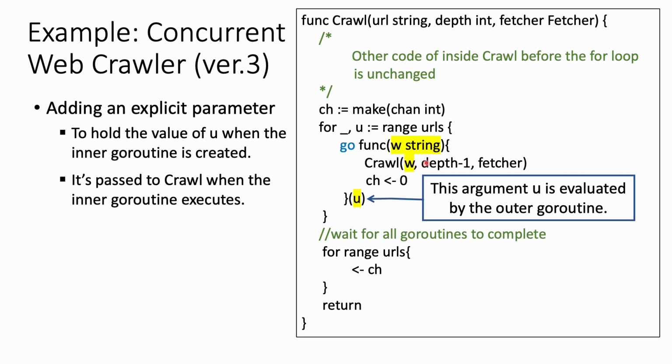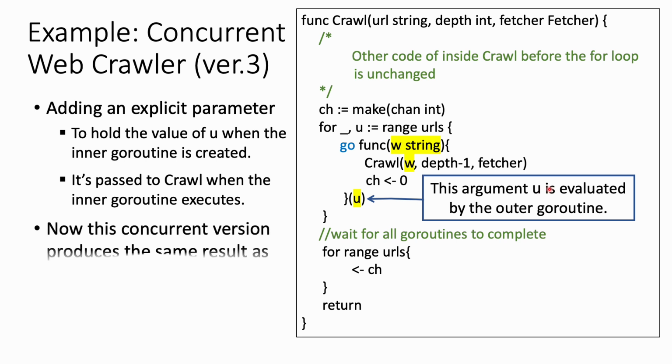This ensures that we use the value of u that is current when the recursive call to crawl is executed. Now this concurrent version produces the same result as the non-concurrent version.